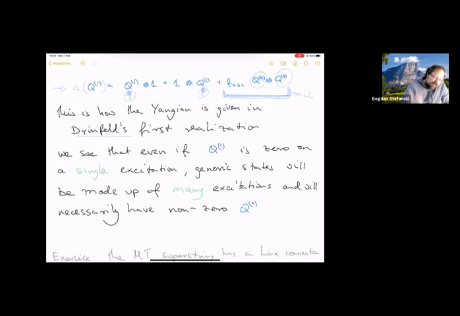So when you have more than one excitation, you have to have these higher charges being non-trivial. And so you really have to be asking the question, okay, I'm looking for representations not just of the Lie algebra, but of this full Yangian algebra of higher charges.